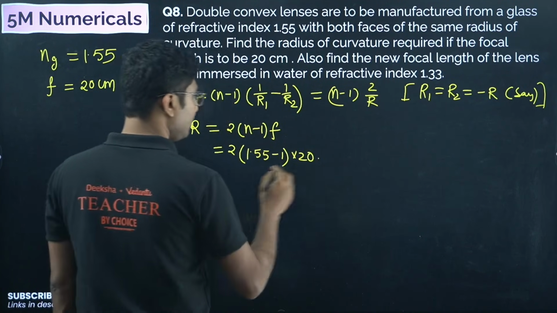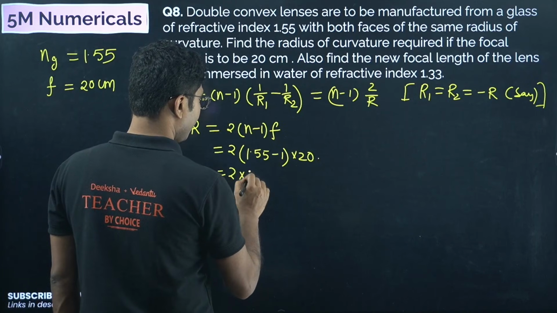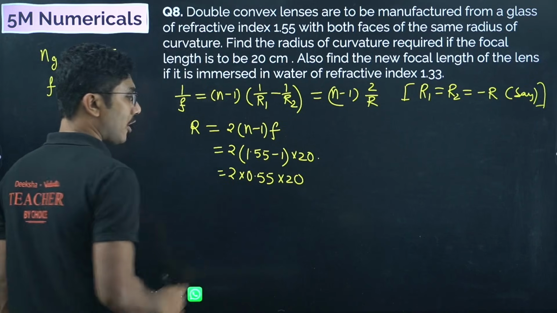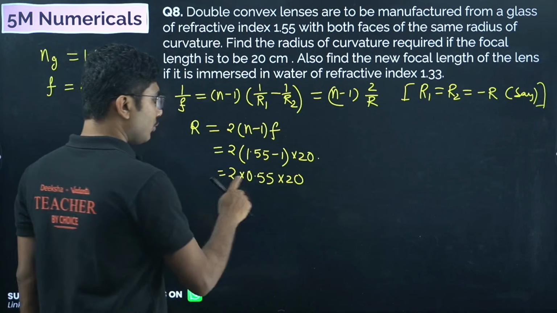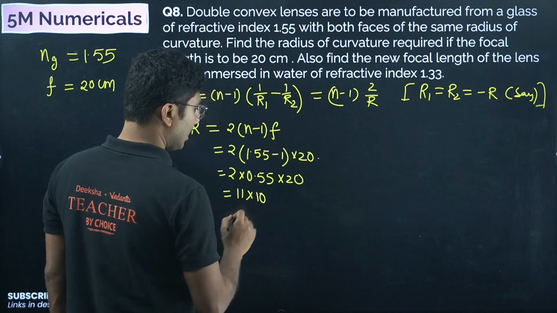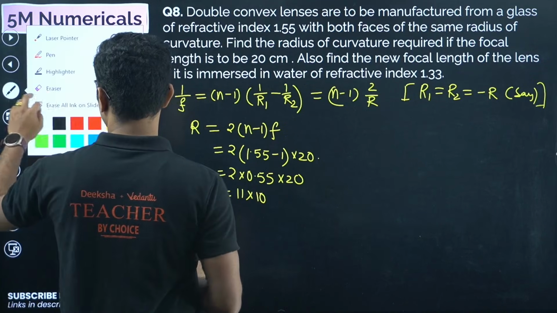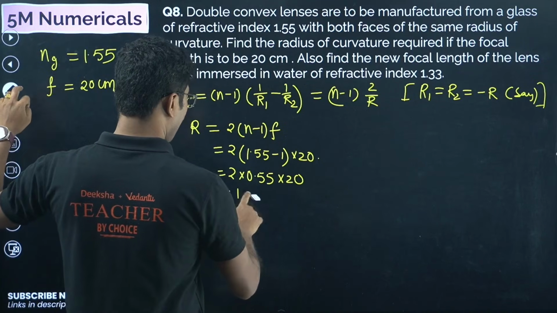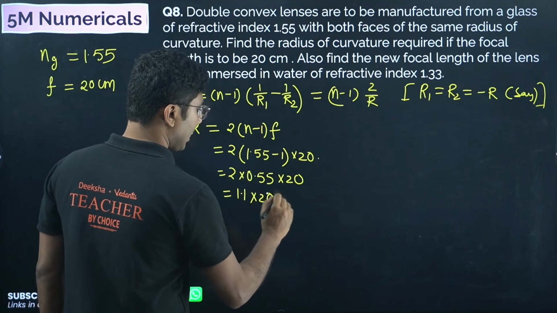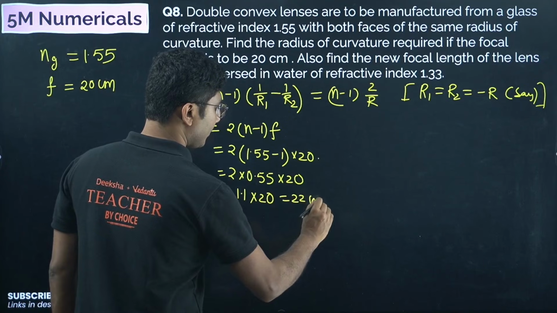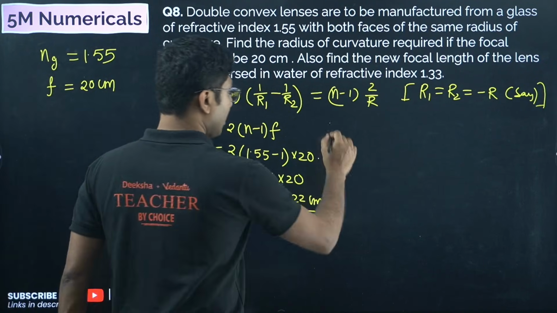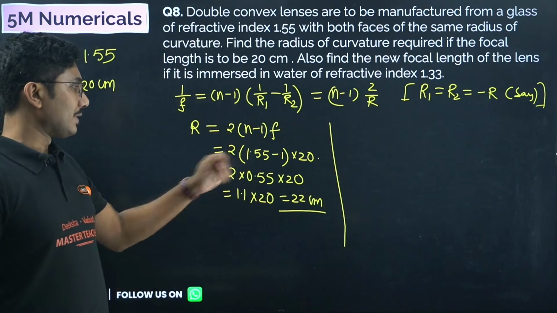So 2 into 0.55 is 1.1, into 20, that will be 22 centimeter. So 22 centimeter is the radius of curvature of the lens, right?